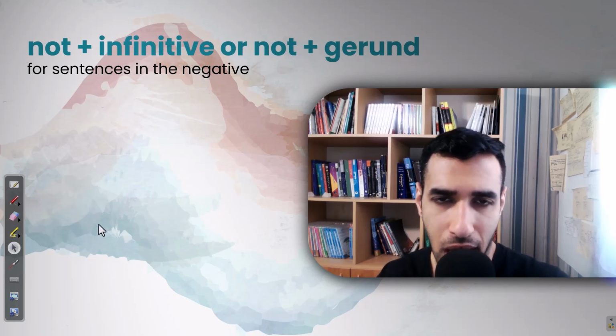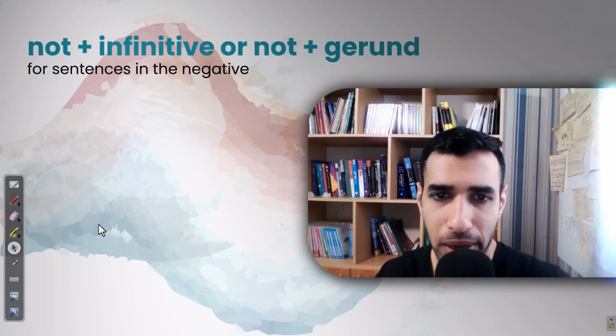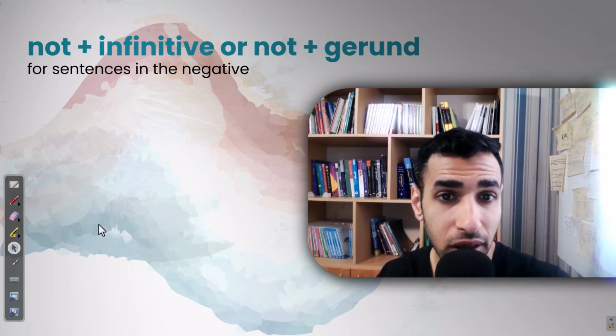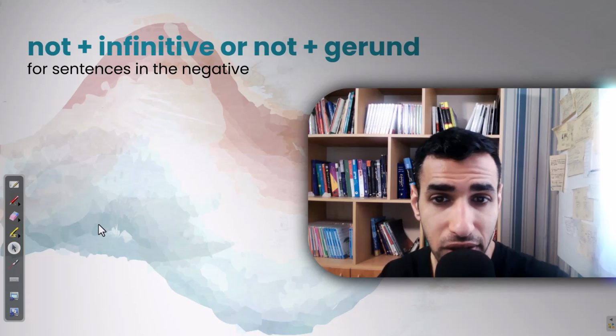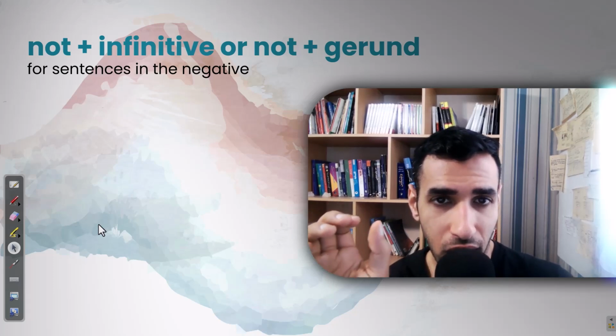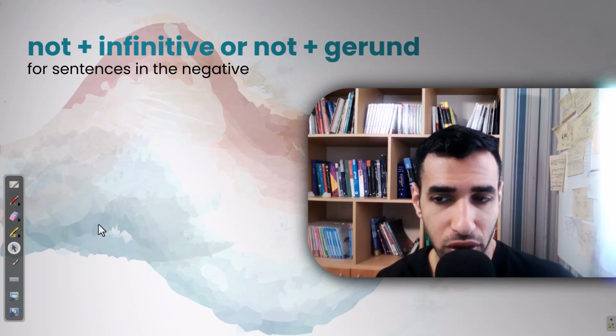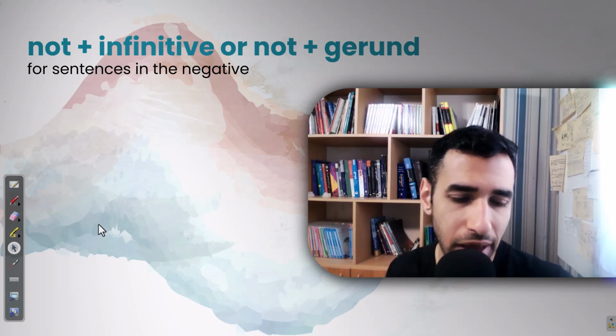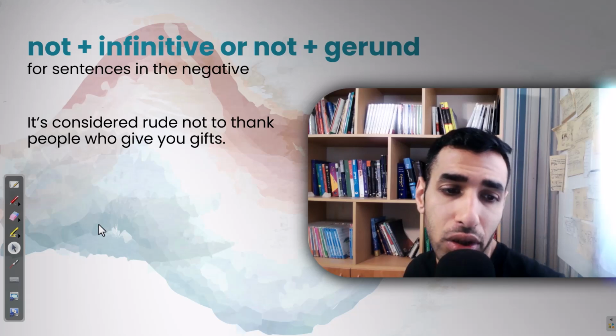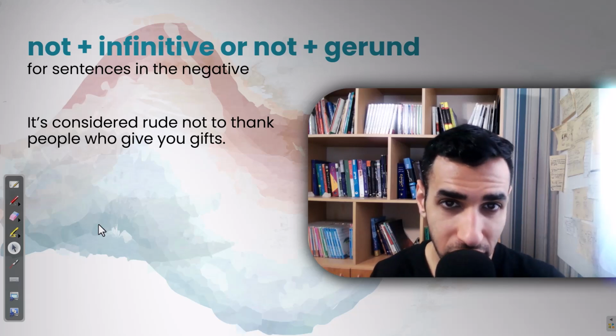Now, how should we make these sentences negative? Not plus infinitive or not plus gerund phrase. Just put the "not" before the infinitive or before the gerund. It's that easy. It's considered rude not to thank people who give you gifts.